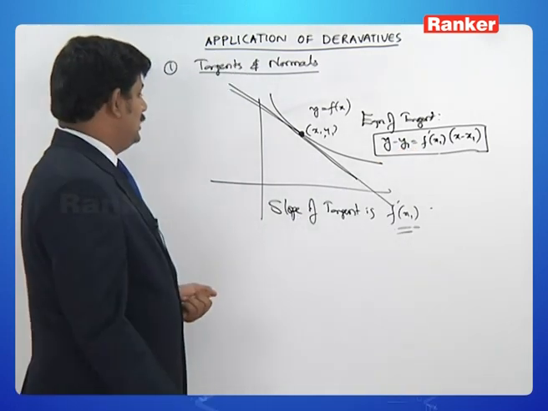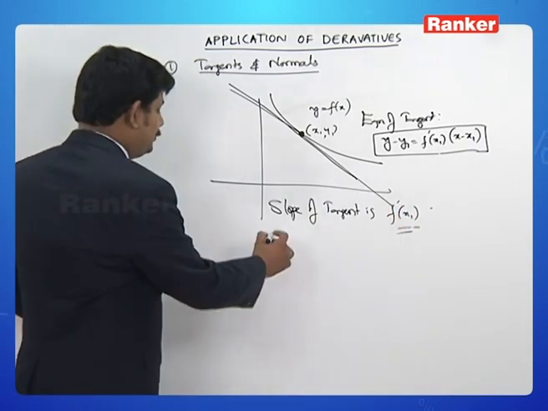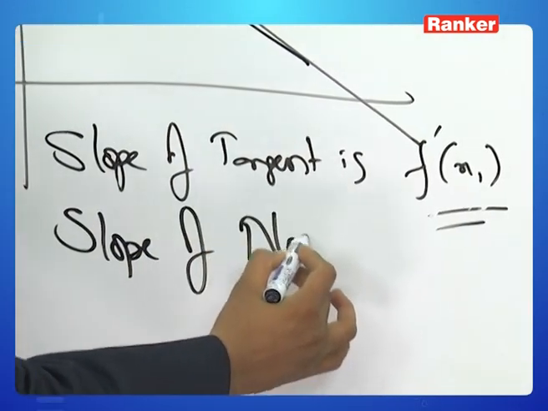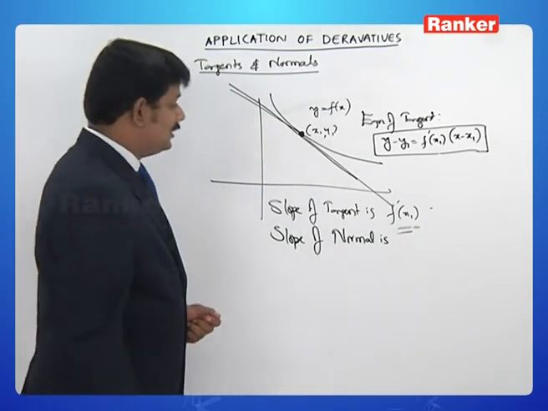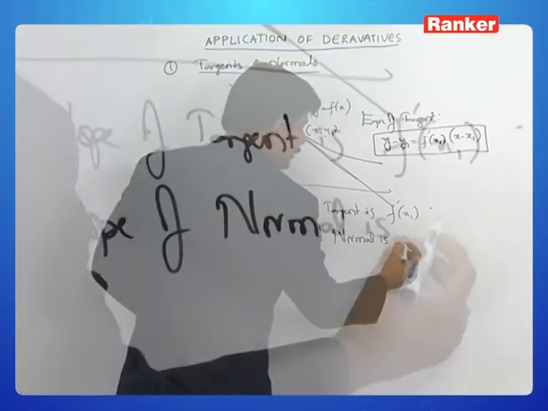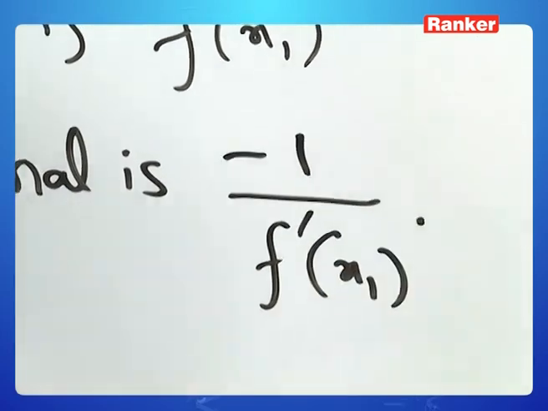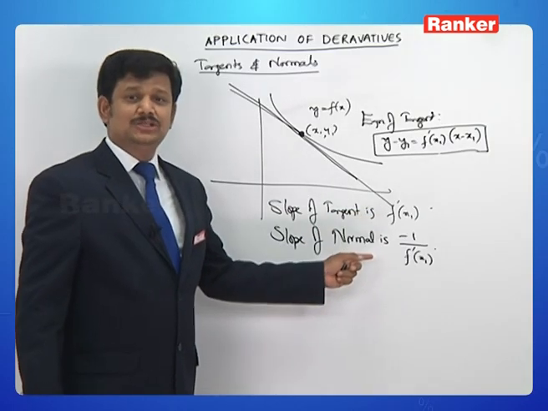Similarly, if slope of the tangent is f dash of x1, slope of the normal would be minus 1 by f dash of x1, that is minus 1 divided by f dash of x1, because tangent and normal are perpendicular to one another and the product of the slopes is minus 1.